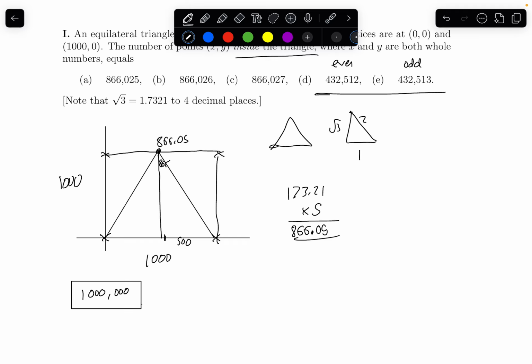And we know that by symmetry, this side is going to have an x number of dots inside. This one is going to have x dots inside, plus this line. So we've got 2x plus 866. So that's an even plus an even. That is horrific handwriting, but you see what I mean. An even plus an even. Oh, that's also an even number. So I've got D.